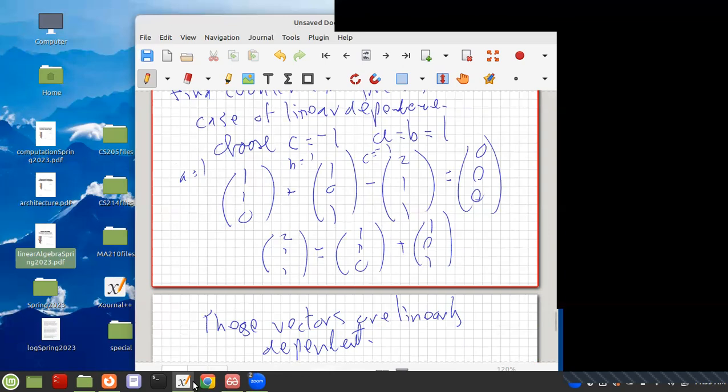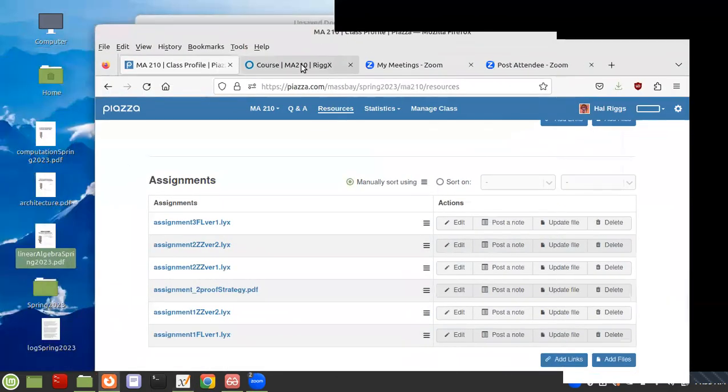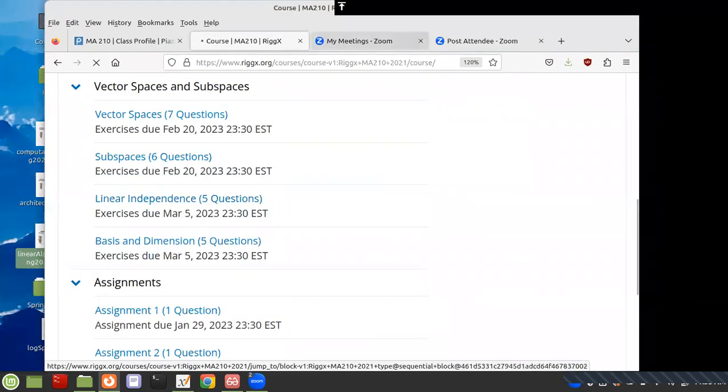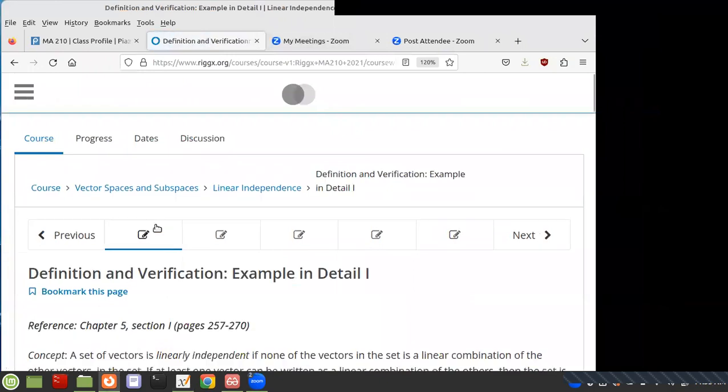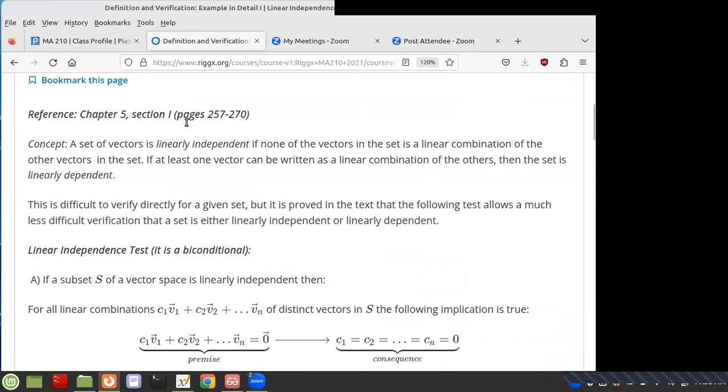And if you look at, I think, the practice problems on linear independence, this reviews chapter 5. I'm not sure if these page numbers are exactly correct now, because I keep revising the text. But here's the concept, right?